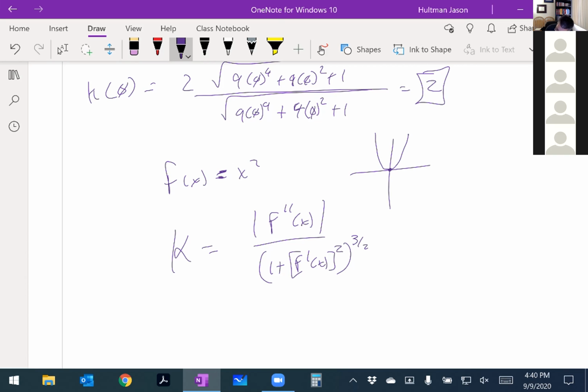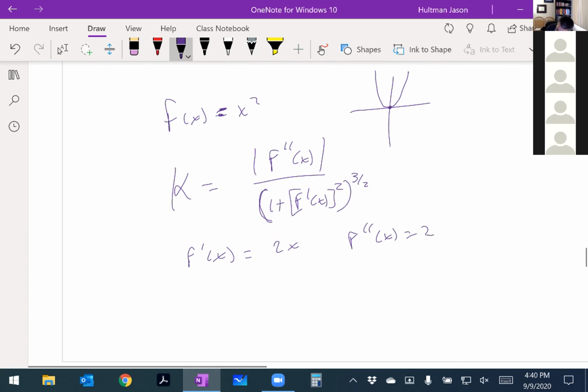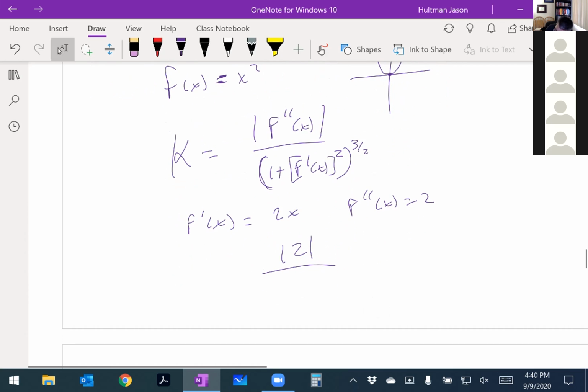We're good here. So what's f prime of x? F prime of x is equal to 2x. What's f double prime of x? It's equal to 2. So this is going to be the magnitude of 2 over 1 plus 2x squared to the 3 halves power.